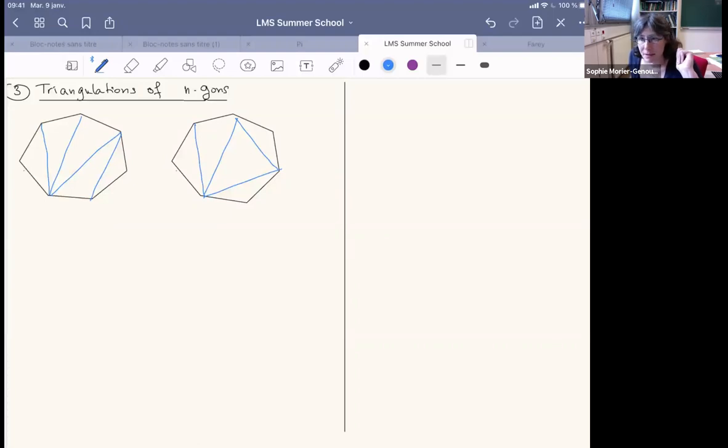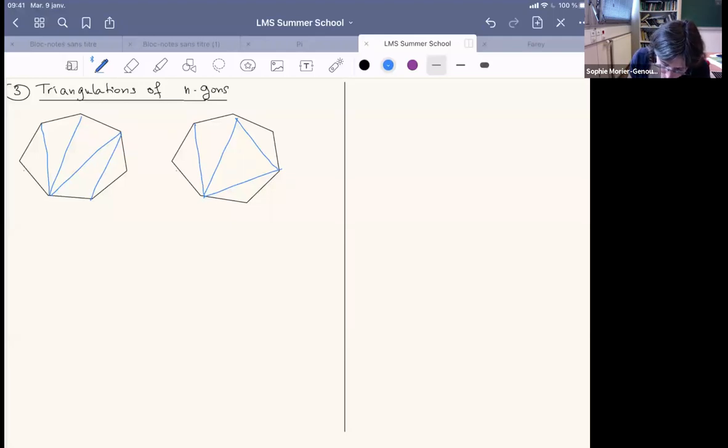The keyword is Catalan if you want to count how many triangulations you have. And this makes a link to the previous lecture, because this is also the way you can count standard tableaux with two columns. It's a famous sequence, the Catalan numbers, that appear in many different types of problems. Okay, so I hope the definition of triangulation is clear.